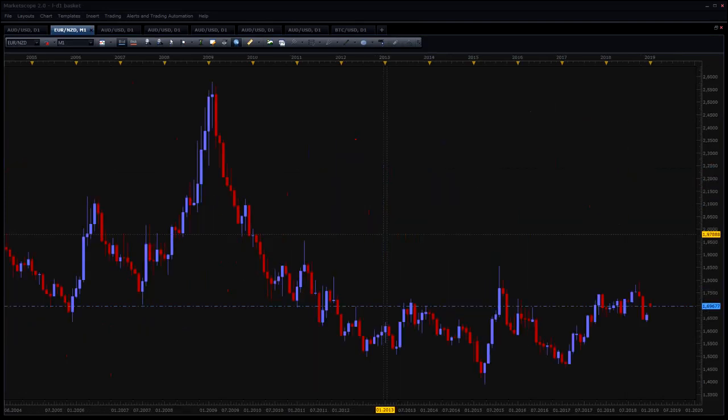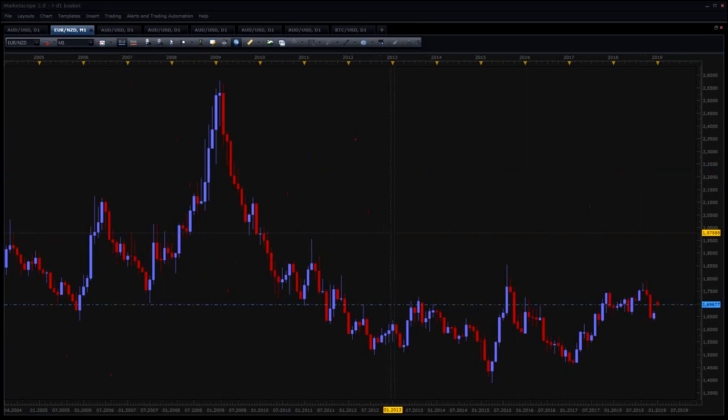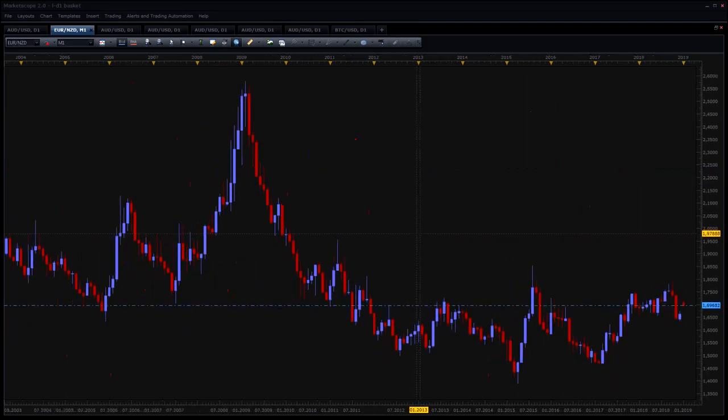Monthly chart. What do you see? Again, the image is so similar to the past couple of them that we have already analyzed. So yeah, downwards, upwards, which is an uptrend, and it broke the uptrend lines.